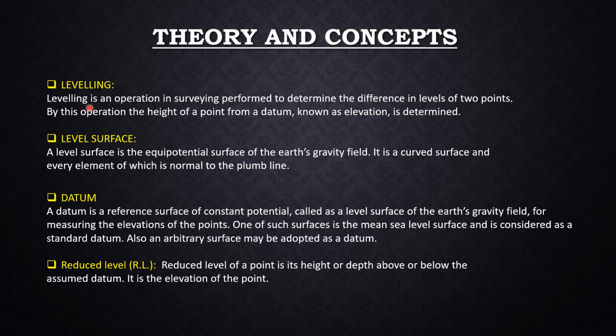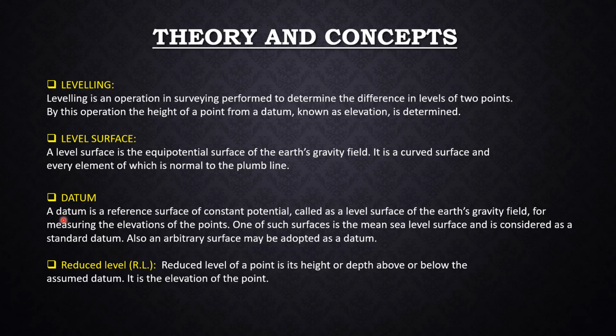Leveling. Leveling is an operation in surveying performed to determine the difference in level of 2 points. By this operation, the height of a point from a datum, known as elevation, is determined. Level surface. A level surface is the equipotential surface of the Earth's gravity field. It is a curved surface, every element of which is normal to the plumb line.